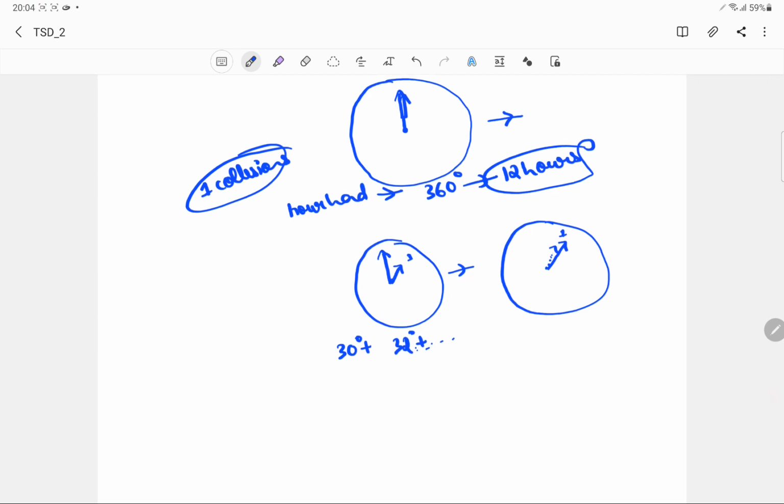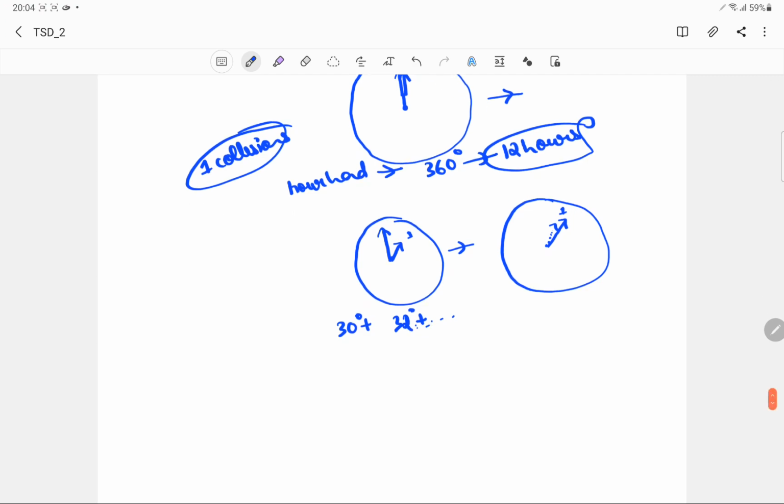Now we all are aware that for the next collision it will move again 32 degrees and again 32 degrees, and now we can see that something like 11 into 30 would actually make up this 360 degrees. See this, 11 times, because we have to keep this movement only up till 360 degrees.